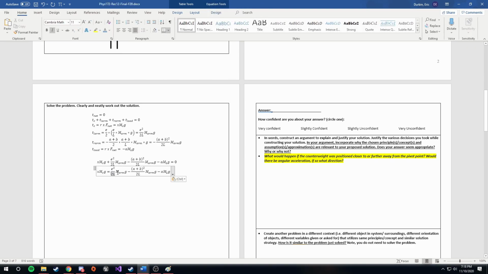I can just move everything to the other side and flip the signs, and we're gonna remove the gravities.